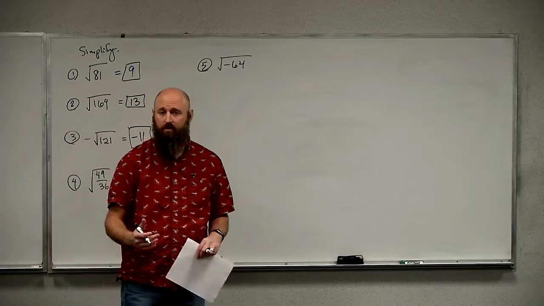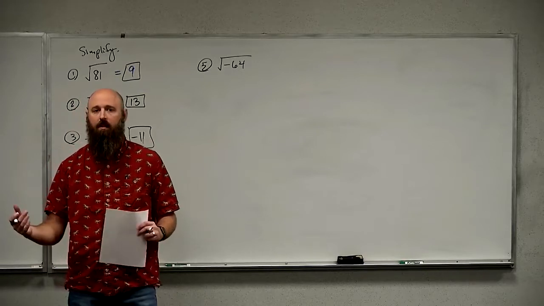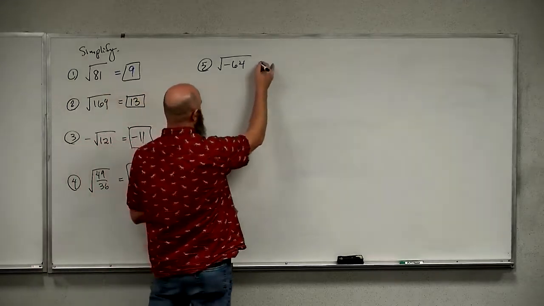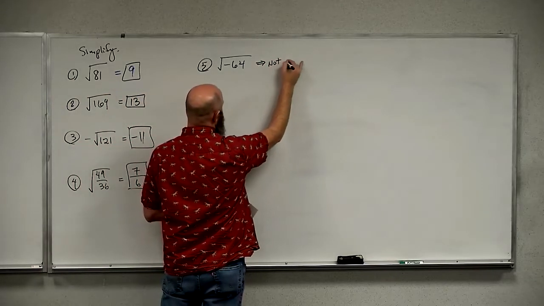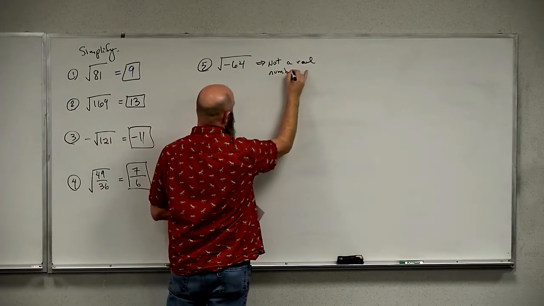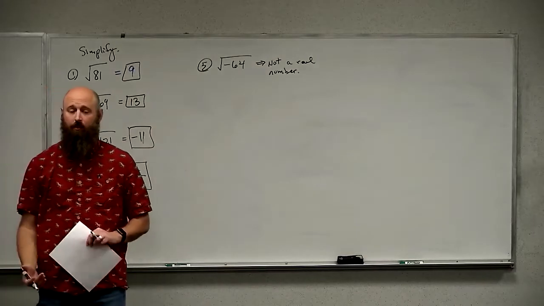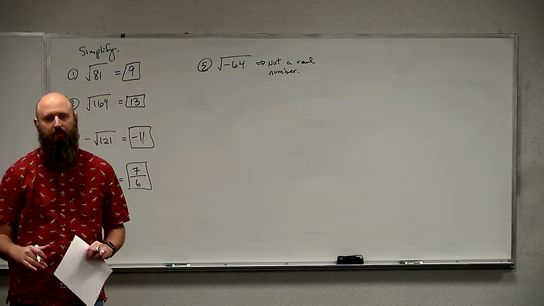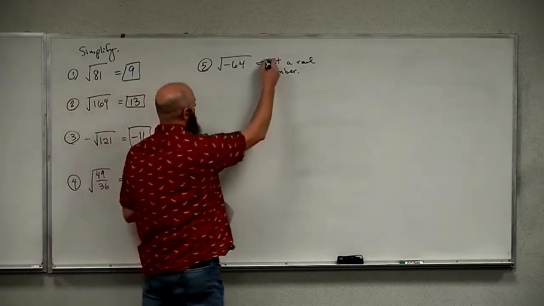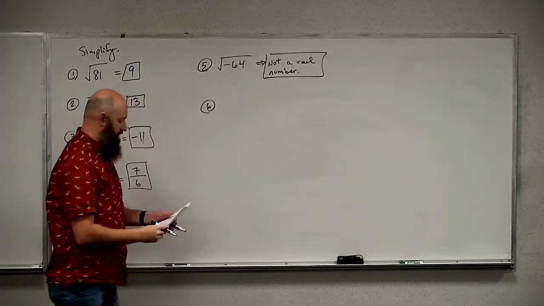So for square roots, and we'll find any evens, 2, 4, 6, 8, 10, if my index is even, then we cannot do it. This is not a real number. Now, in another unit, we're going to go to a new number system where we can do those, and we'll talk about those. But for now, we would just say not a real number as our answer, right? So pay attention to that.